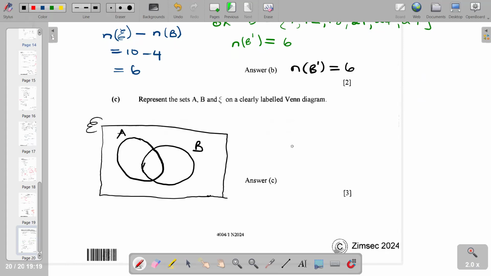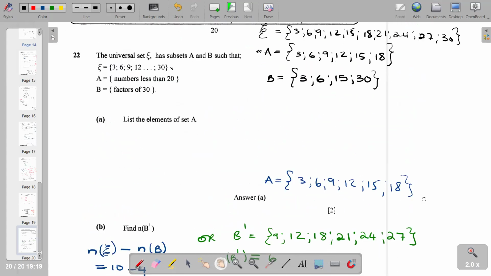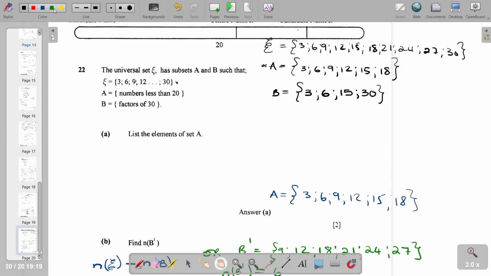Then you check which elements are in both A and B. You just check from the given, because we listed the sets. If you check what is appearing in both sets, we have 3 here and 3 here, 6 here and 6 here, 15 here and 15 here. So 3, 6, 15 are in both sets. You just have to write those values in the intersection.